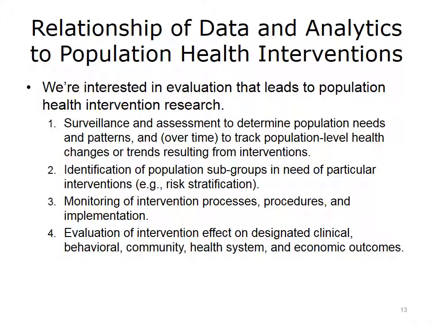We said that we wanted to make sure that we were monitoring the implementation and whether or not the population health interventionists were providing and following protocols as had been described, and also whether individuals were adhering to protocols, and whether there was persistence in keeping their self-management skills and their behaviors in line with the protocols. And then finally, we want to evaluate intervention effects on designated clinical, behavioral, community, health system, and economic outcomes.